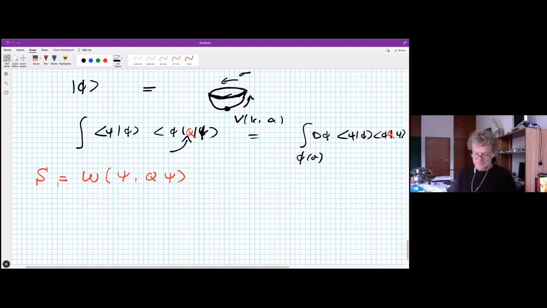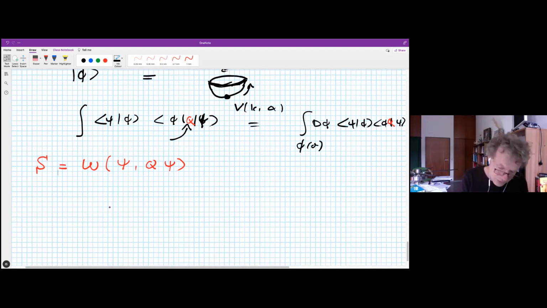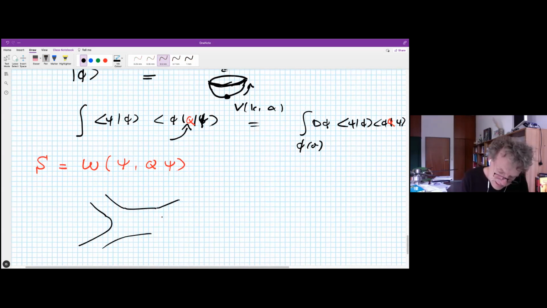Now, in order to guess what the interactions were, we have to do the following thing. We say, well, we know in string theory we can compute S matrix elements by simply computing this correlation function, remember, on this thing.